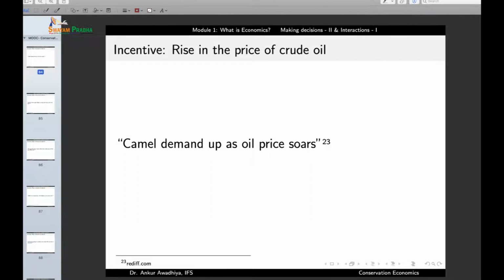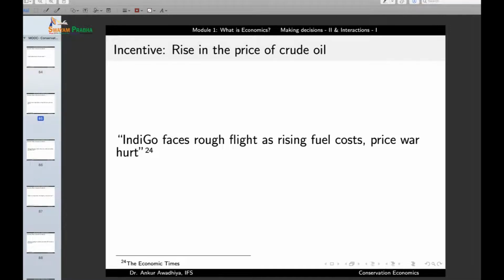So we saw earlier that prices act as incentives, and all these different examples are showing the same thing. Another one says that Indigo faces rough flight as rising fuel costs and price war hurt. Here again, in the case of airlines, when fuel prices increase, the cost of operations increases.